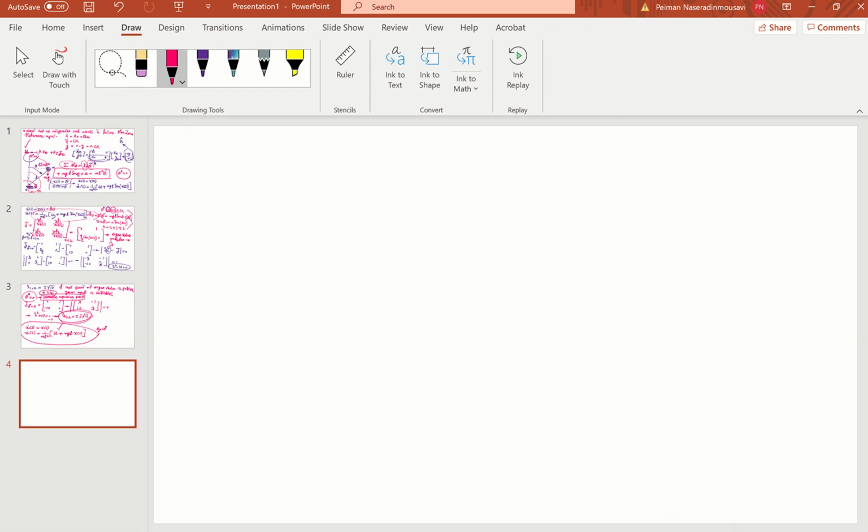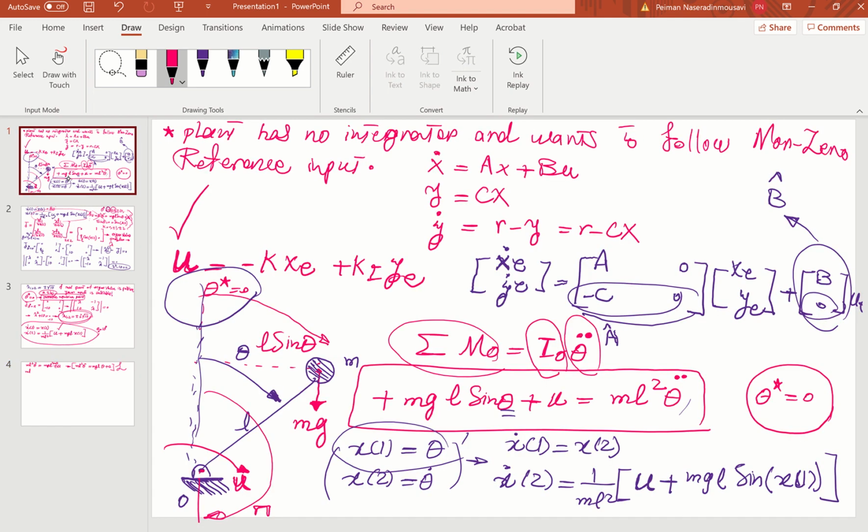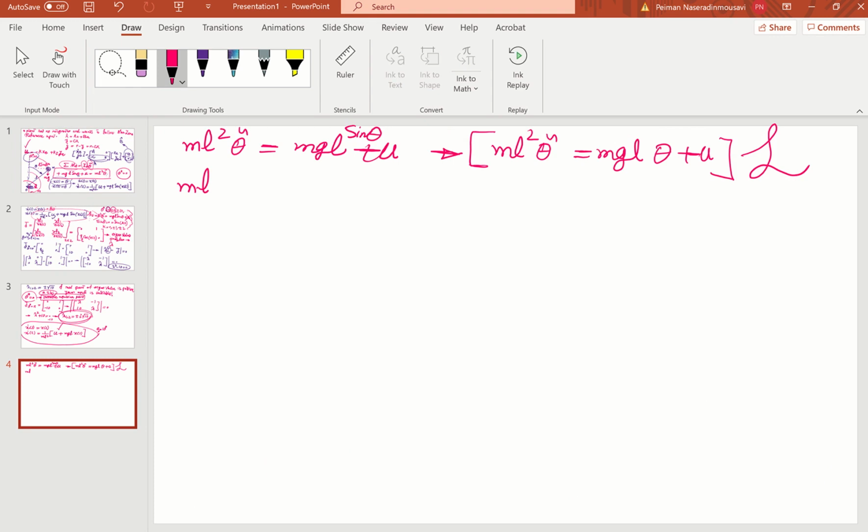Guys, the original system was this, look here: ml squared theta double dot is equal to minus mgl sine theta plus u, and after linearization it's going to be ml squared theta double dot is equal to mgl theta plus u. What if I apply Laplace, you know, from undergraduate? Assume there is no velocity and the initial position is 0, because I'm releasing from rest.